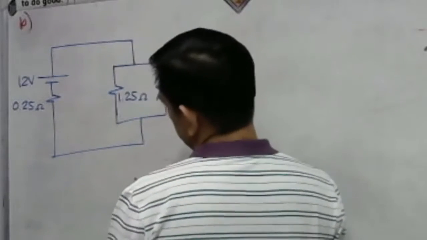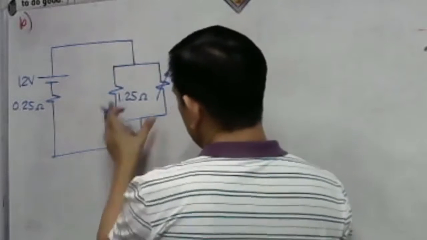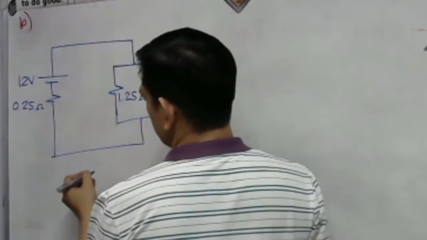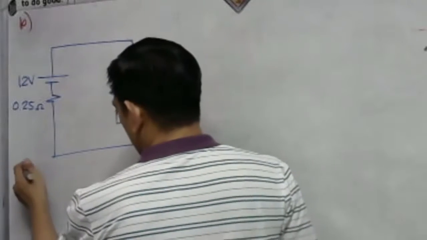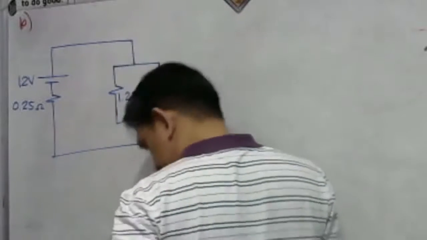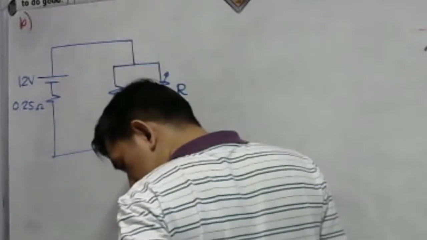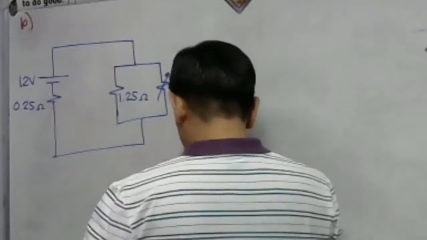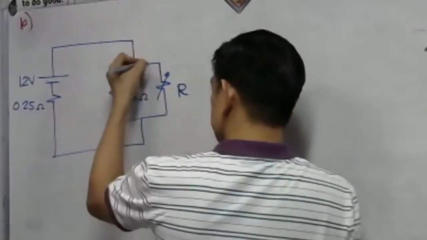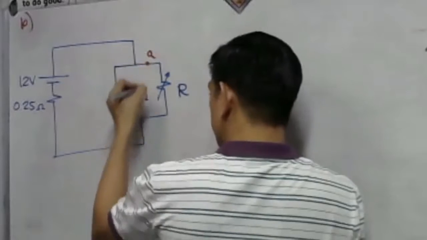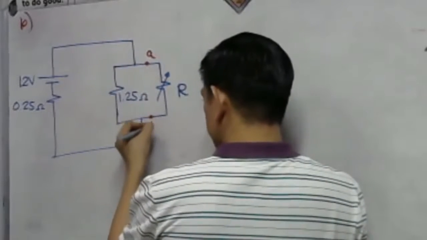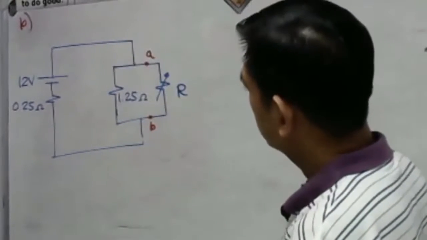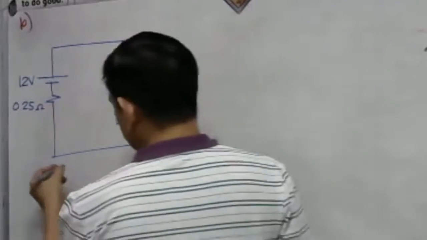So take a look here. I will get first our RTH. So our RTH is our open circuit resistance. Looking back at these two terminals, let's say these are terminals A and terminals B. What is the looking back resistance?